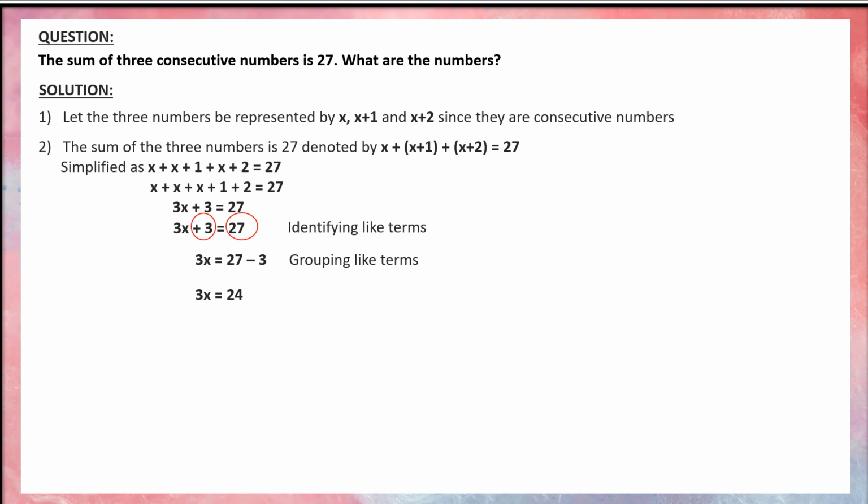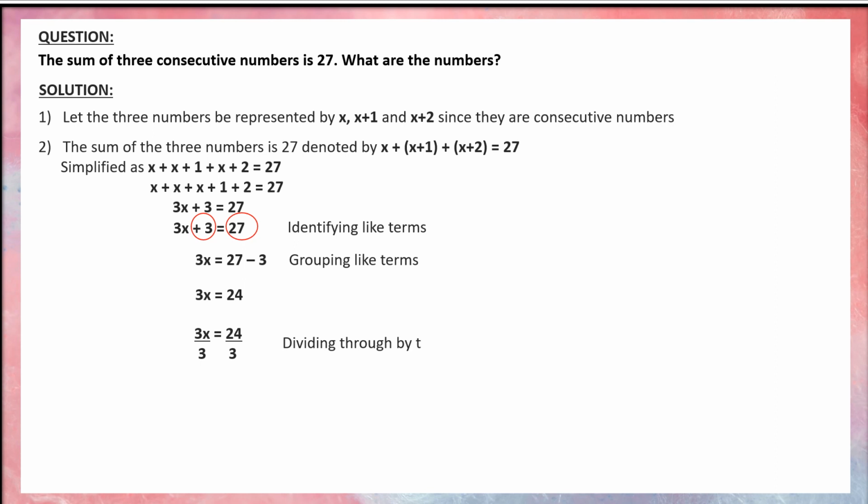Now we want to solve for x, but we have something multiplying x, and the number multiplying x is 3. So in order for us to solve for x, we need to divide by 3. It has an equal sign, so we divide by 3 on both sides.